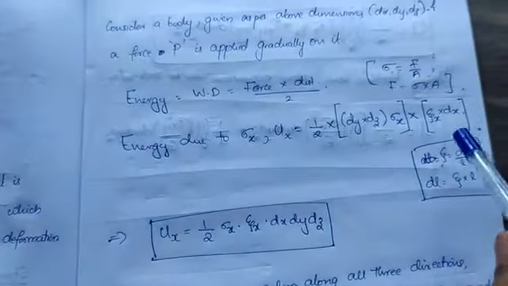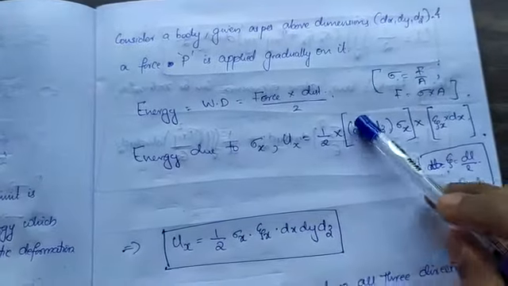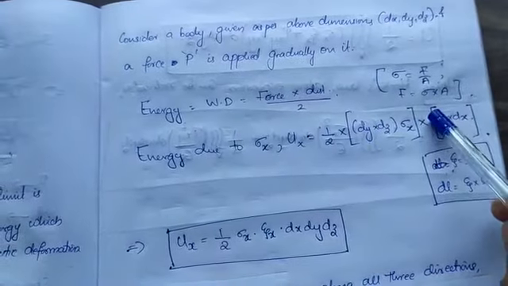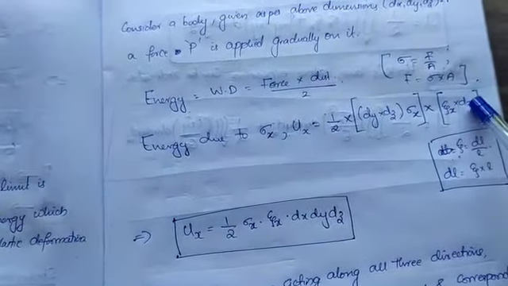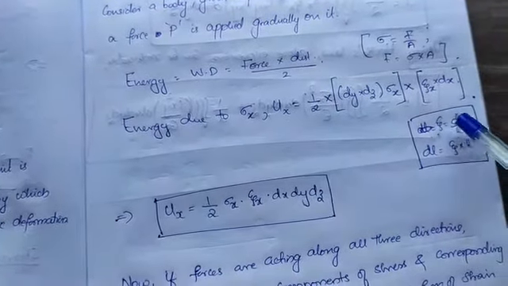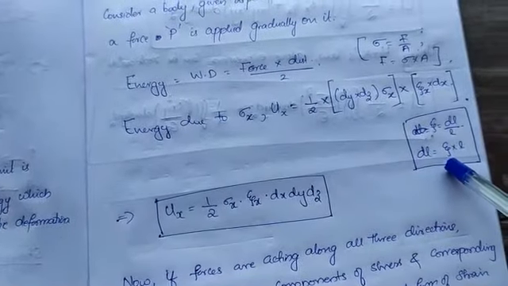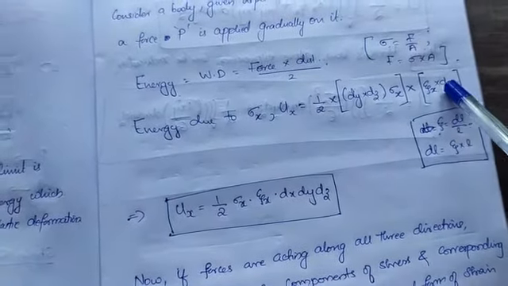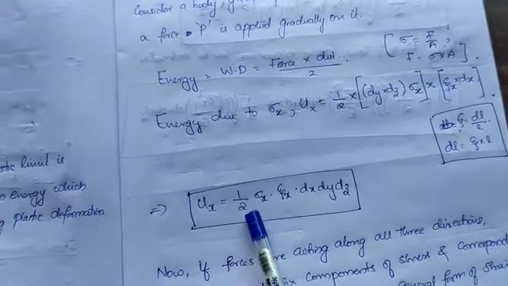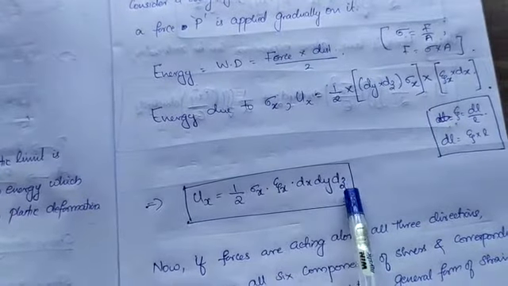Force is sigma into A. And the distance is the elongation: strain is change in length by original length, so dl will be epsilon into length. Here the length is dx. So Ux can be given as 1 by 2 into sigma x epsilon x dx dy dz.